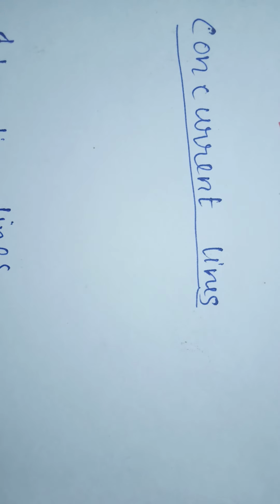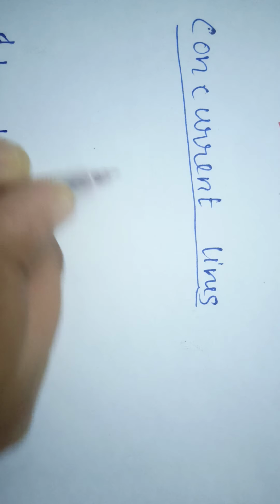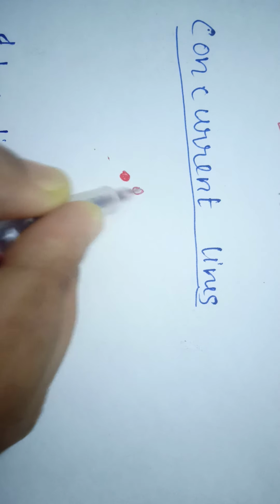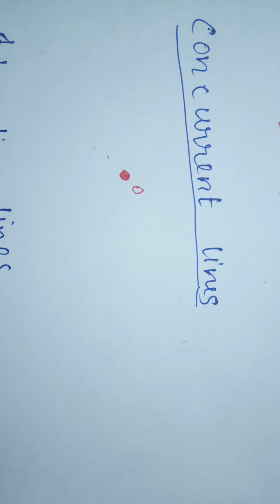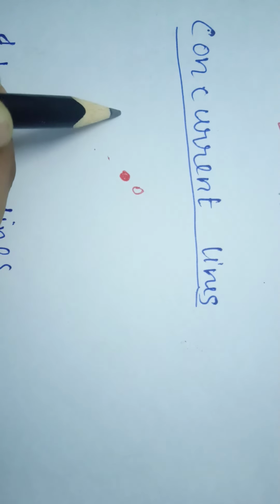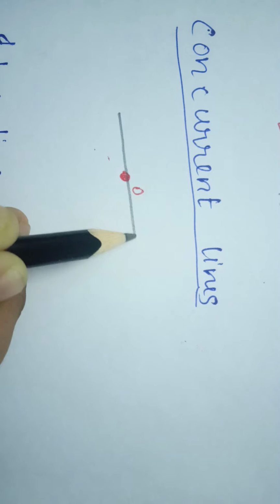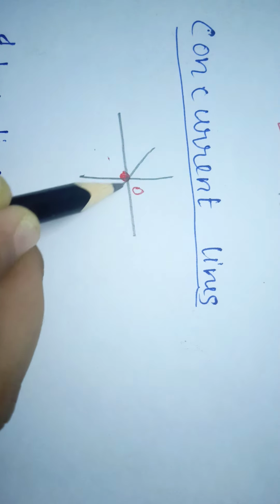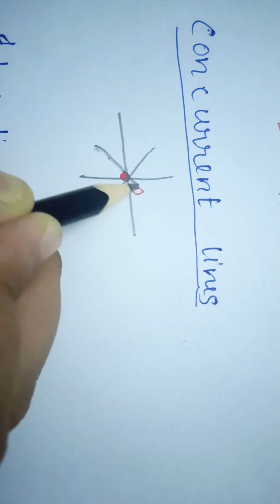Concurrent lines means the lines which pass through a single point. So, the point is O. Now, there are many lines passing through that point O. This is one line, this is one line, this is one line, this is another line.